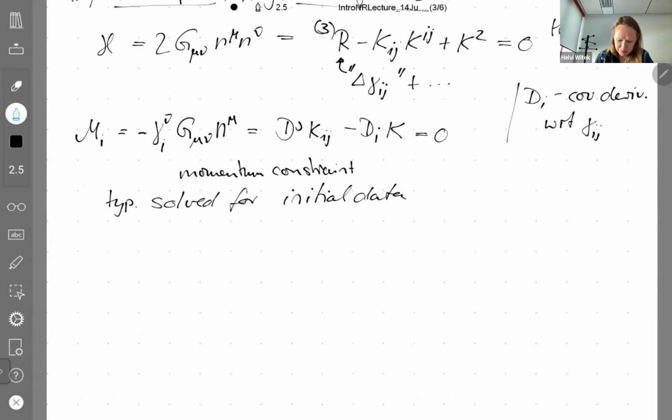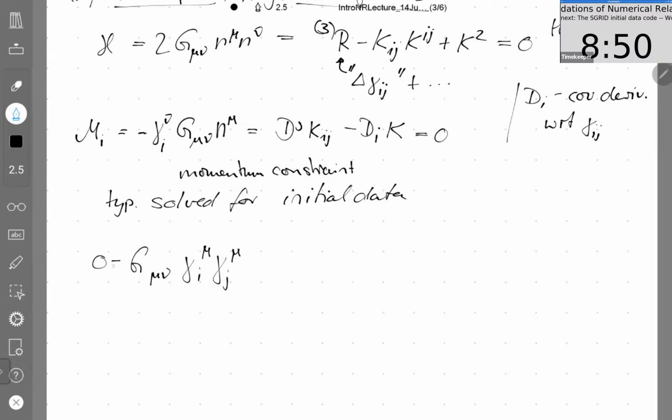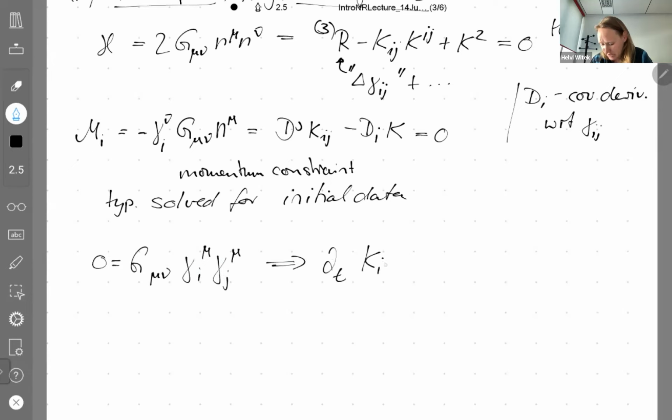The last type of projection is projecting both of our indices of the Einstein tensor with this spatial projection operator. So this would be G mu nu, and now we are projecting out both indices. This will give us a time derivative of the extrinsic curvature.